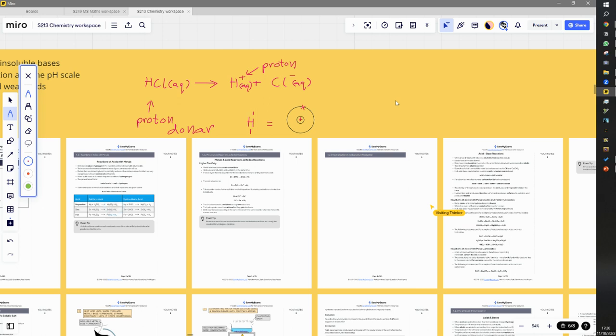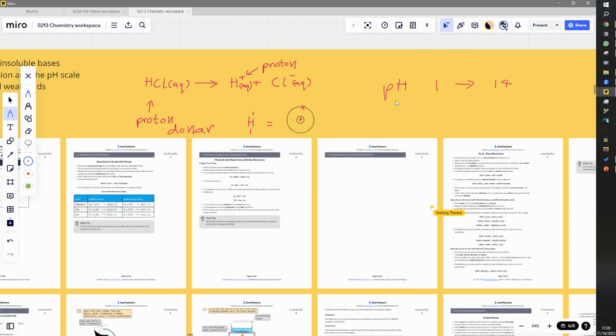Now, we only think about pH as being between 1 and 14. But it can actually, I think it can go higher than 14. It can certainly go lower than 1. It can go down to 0. In fact, I think you can even have a minus pH.